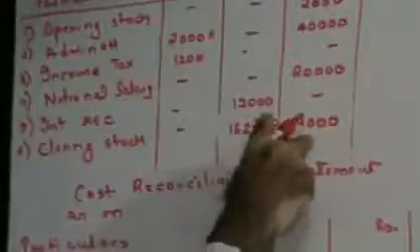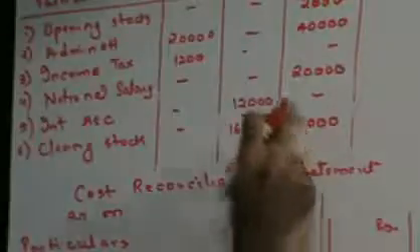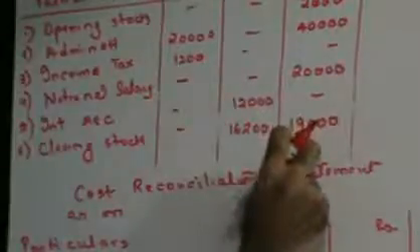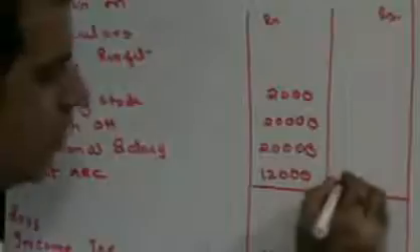Interest received is 12,000. Right? Closing stock is again a credit side entry. It's more. Since it's a credit side entry, the rule reverses. More is less. So you will write closing stock here, 16,200 against 19,000, that is 2,800. Right? Now 1,200 plus 2,800 is going to give you 4,000. Right? 50, 52, 54,000.